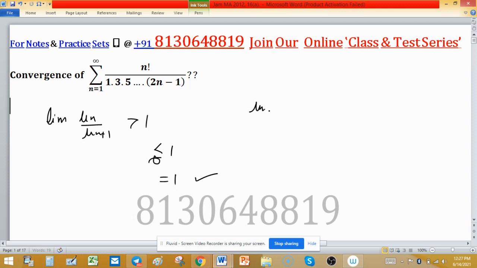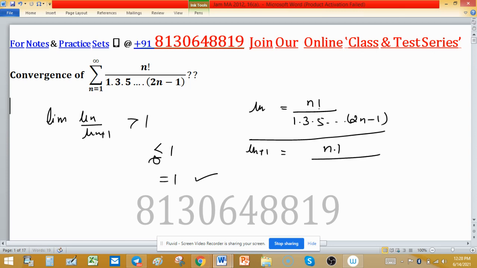So according to the ratio test, un is n factorial upon 1, 3, 5 and so on up to 2n minus 1, and this should be divided by un plus 1, which is n plus 1 factorial over the same product with the last factor 2n plus 1, after replacing n with n plus 1. n plus 1 factorial can be written as n plus 1 into n factorial.